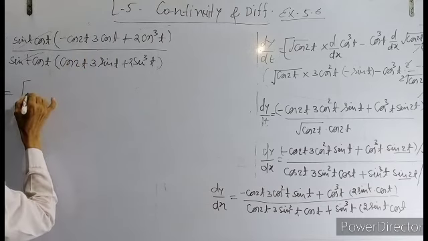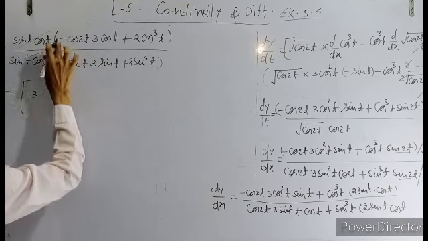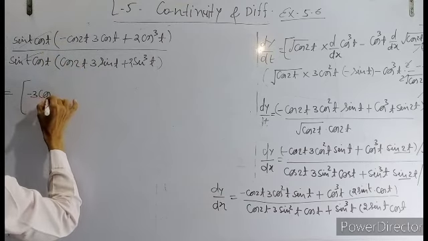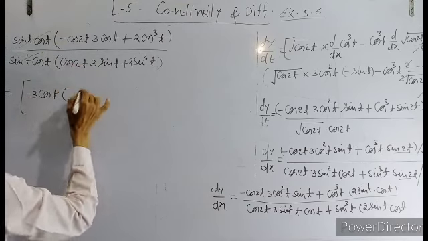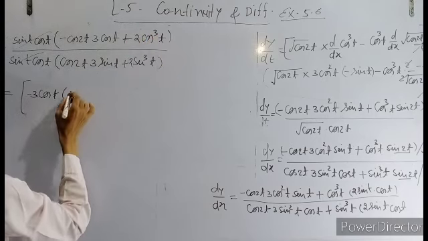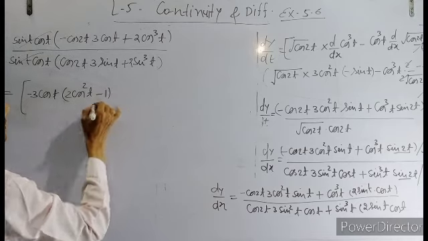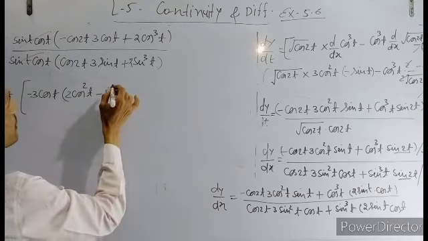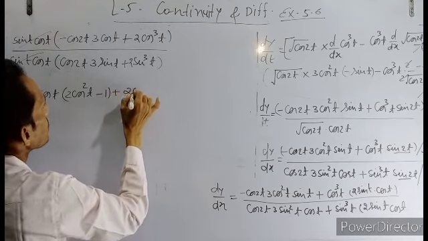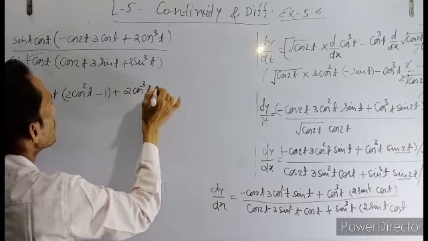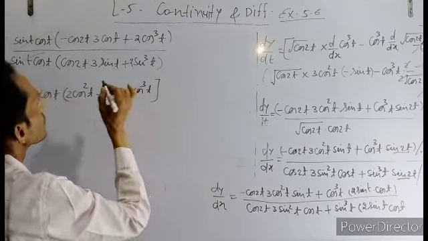So minus 3 cos t, and the value of cos 2t in terms of cos is 2 cos square t minus 1, plus 2 cos cube t.